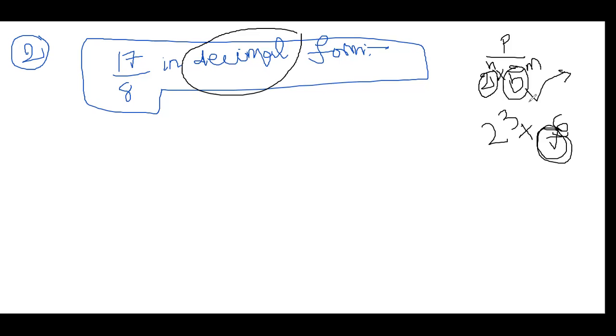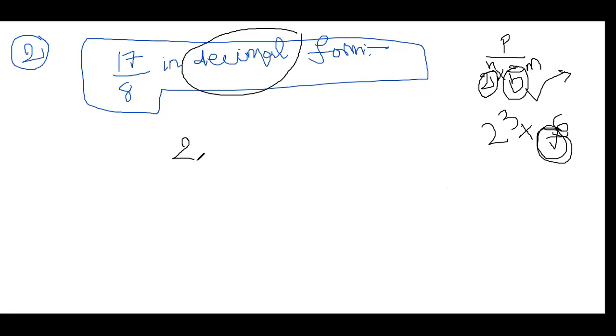Now tell me the decimal form. I hope everybody knows the decimal form. If you don't know it, please go to the second class. Yes, anybody? Lahari, Mohit Sai, Mohan Teja, Akshita, what is the answer? 2.125, sir.